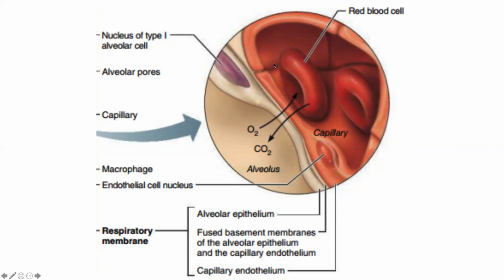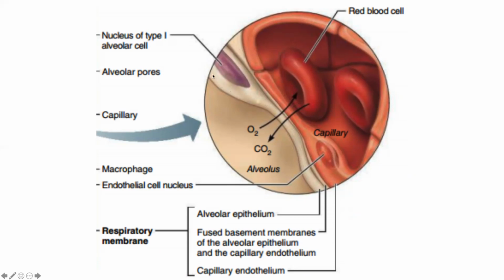If you look at these capillaries, you can see the endothelial cell here, and inside the capillary there will be RBCs, which we call red blood cells, and this endothelial cell will be lined by the basement membrane. The same thing as in the alveolar wall.